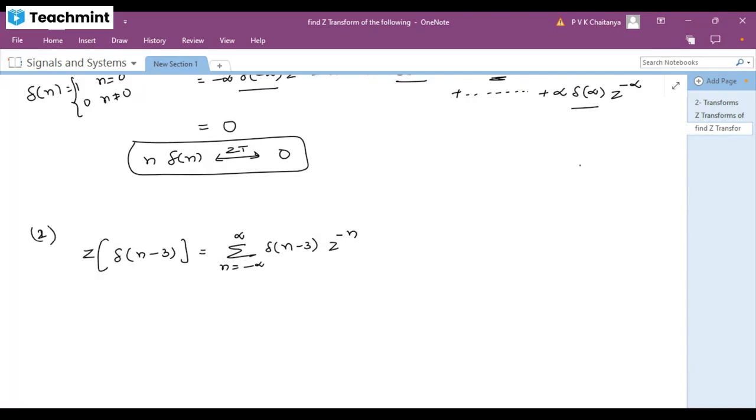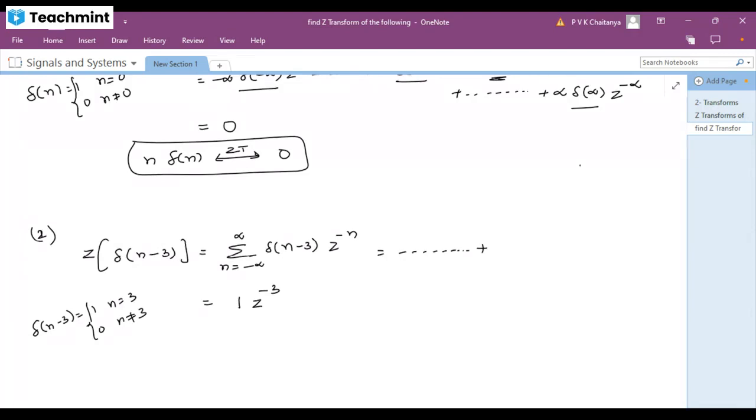So we know that del of n minus 3 will be equal to 1 for n is equal to 3 and it is 0 for all other values of n. So I will be getting it as 1 into z power minus 3, because for all other values it will be 0.